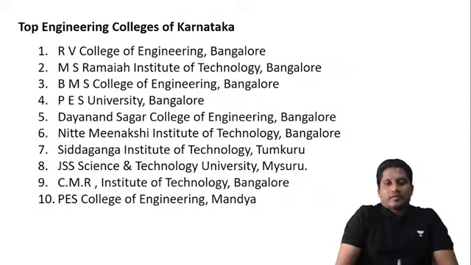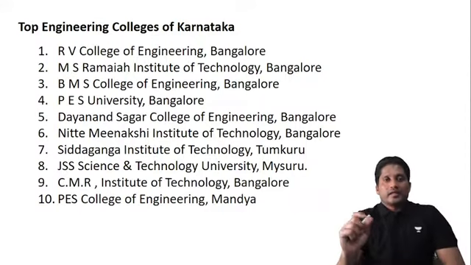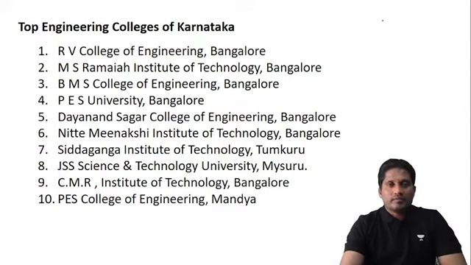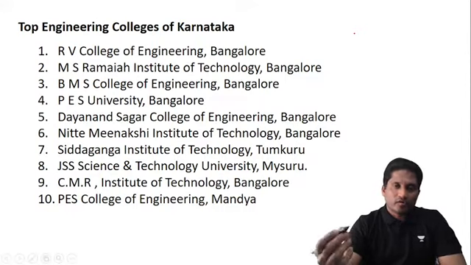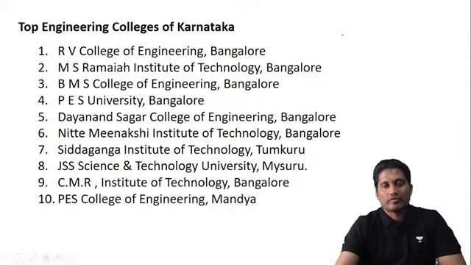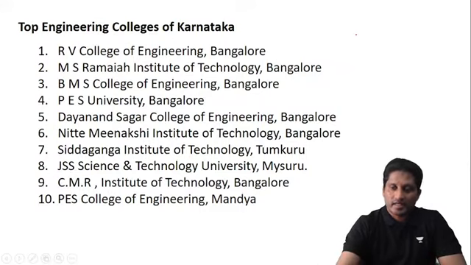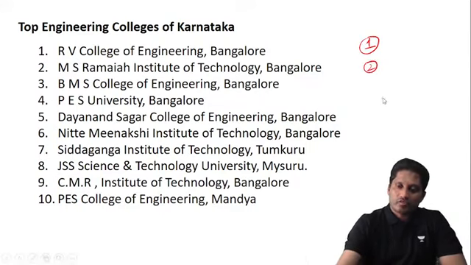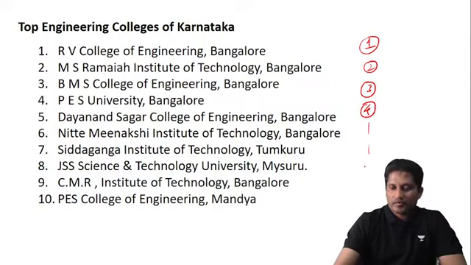Now let's say in the option entry, when you go for the online counseling, before that they run a mock KCET, so you will get to know, don't worry. In that option entry, rank number one colleges will be there according to you. 1, 2, 3, 4, top 50 colleges will be there, let's say up to 50.